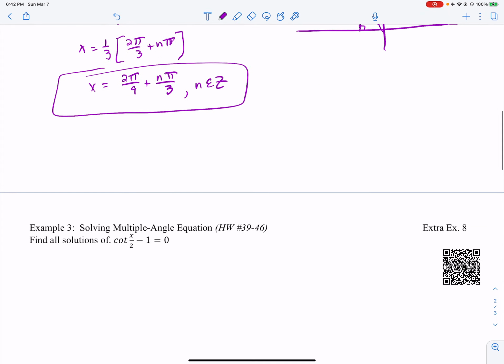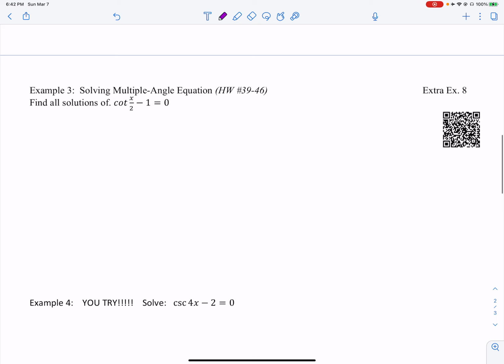Example 3. We have cotangent of x halves. So you need to isolate cotangent of x halves. So we're going to get cotangent of x halves equals 1. Since it's cotangent and its period is pi, we're going to find all theta from 0 to pi only, where cotangent of theta is 1.